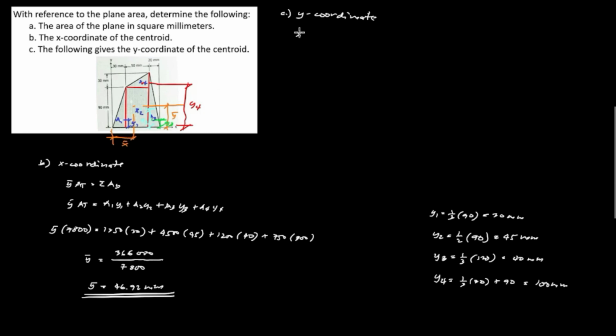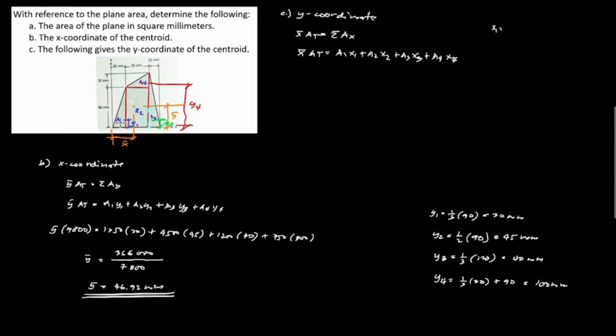So the formula: x bar times area total is equal to the summation of all area times x, and this is area 1 x sub 1 plus area 2 x sub 2 plus area 3 x sub 3 plus area 4 x sub 4, and this is x bar times A total. So we will now locate the distances of x.